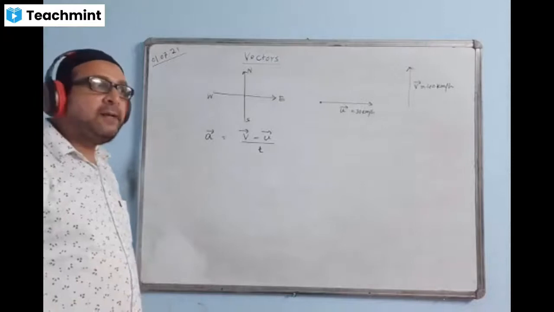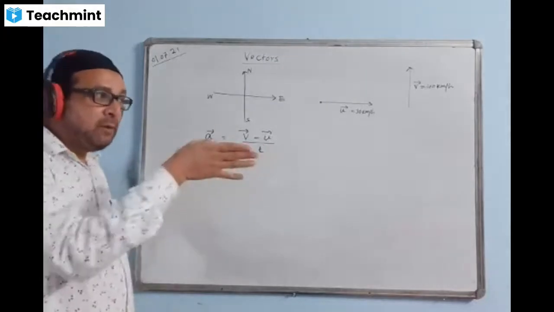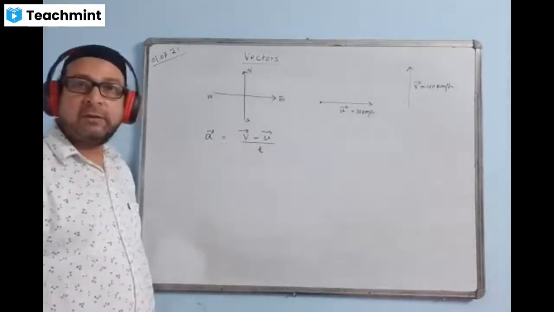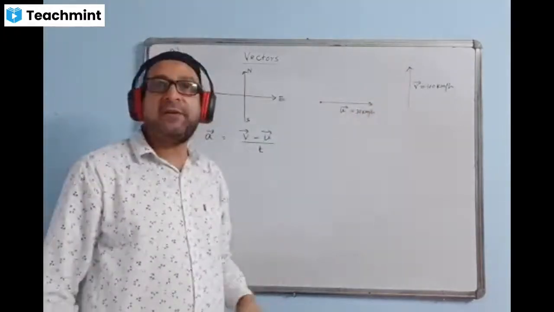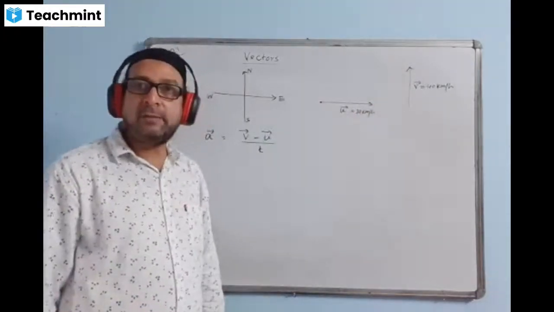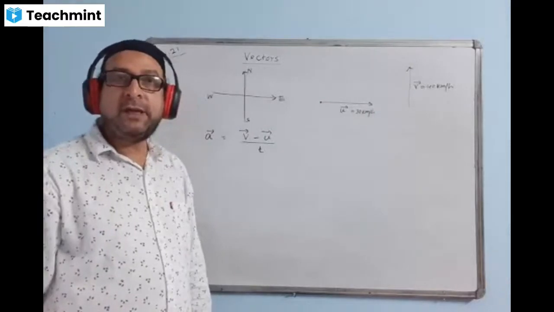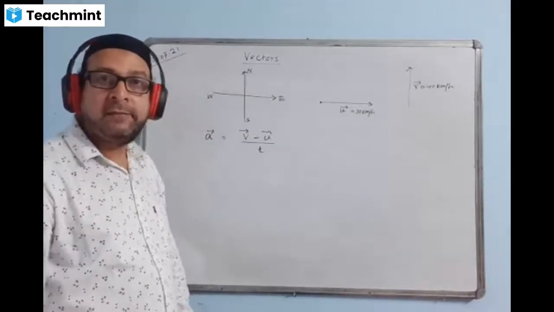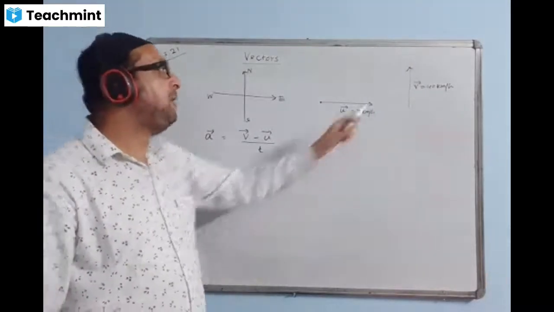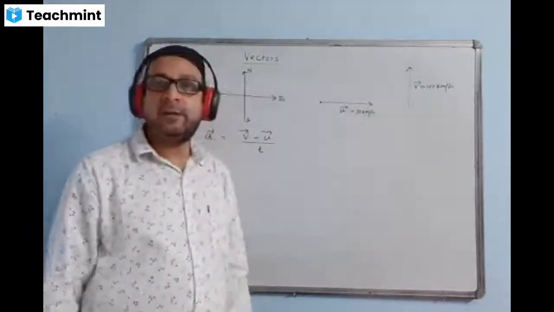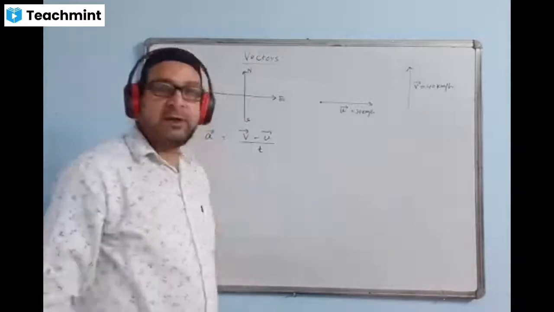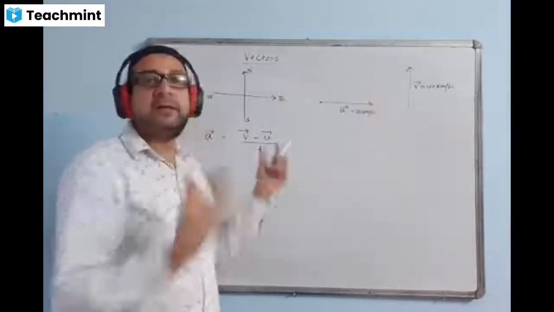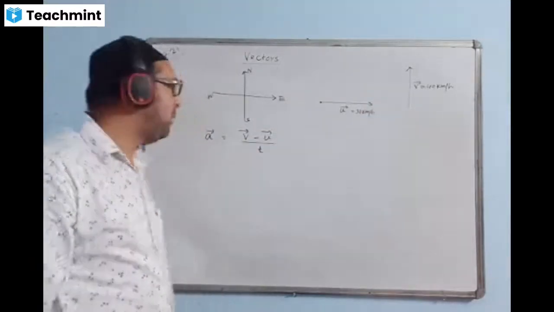The formula A equal to V minus U by T is applicable directly only when both bodies are moving in the same direction. But here the directions are perpendicular, there is a 90-degree angle between them. So we cannot simply subtract V and U, we cannot simply write 40 minus 30. That we write only when both U and V are in the same direction.